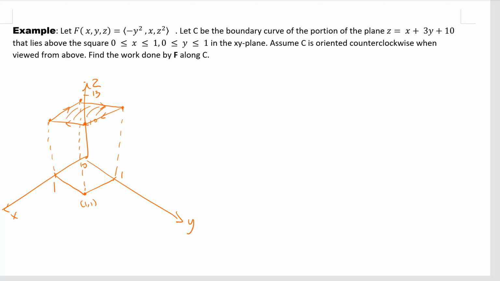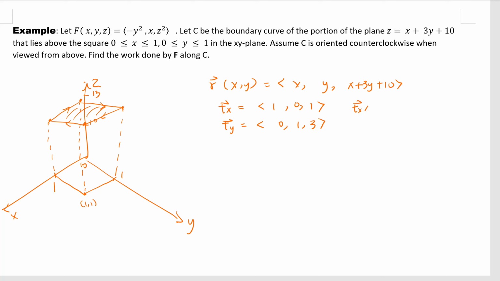Well, first we want to find a parameterization for the surface, right? And here, because z is just a function of x and y, we can just use the natural parameterization: x, y, and z equals x plus 3y plus 10. Well, then T_x is (1, 0, 1). T_y is (0, 1, 3).